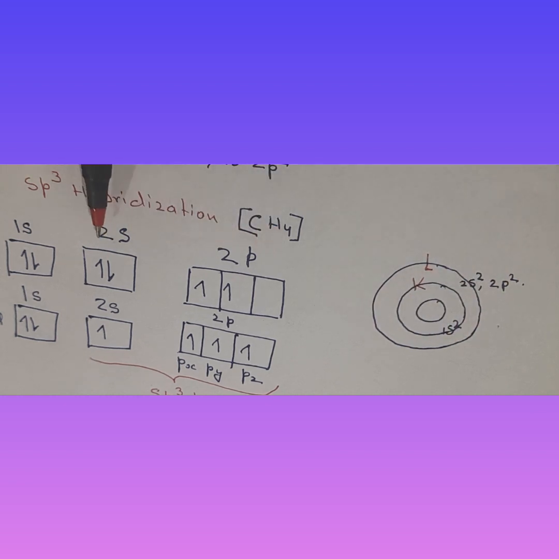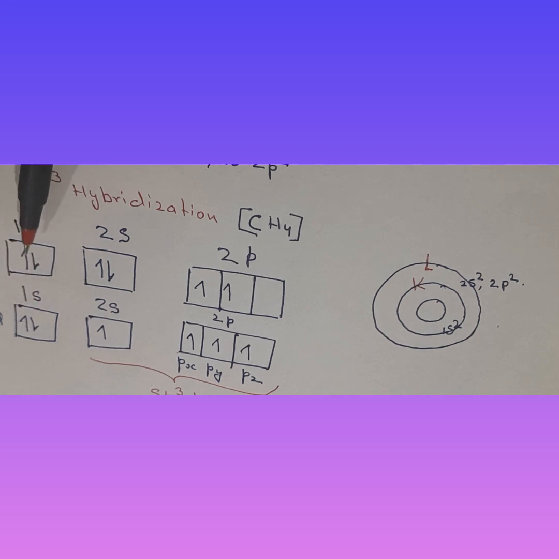What do you mean by valence shell electron? Valence shell electron means the outermost shell. In this case it is the L shell. We are not concerned with the inner shell, the K shell, so we won't be dealing with this.